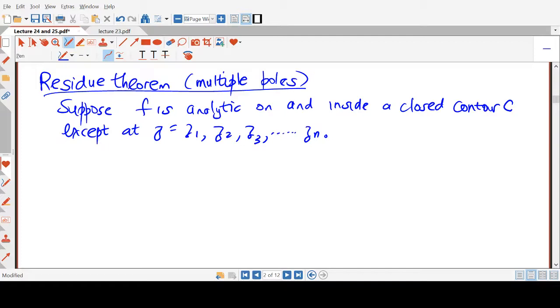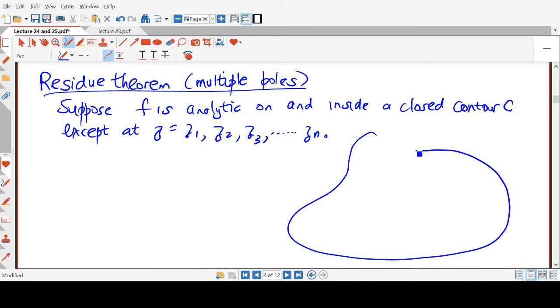It's like dividing by z minus something: z minus 3, z minus 10, z minus i. Those are bad points. Suppose you have a couple of those bad guys in the game. So you have a closed contour like that. Let me just call this a domain D. So we have a few bad boys, z1, z2, z3, z4.